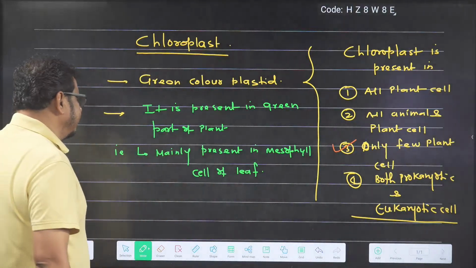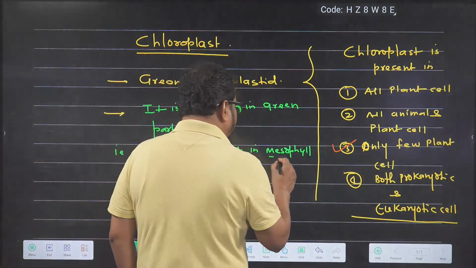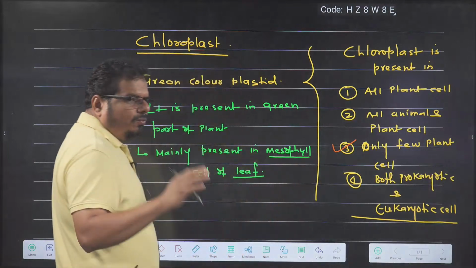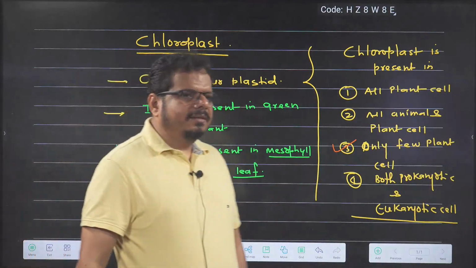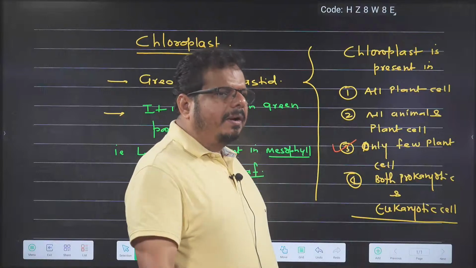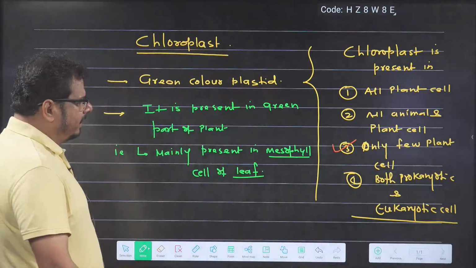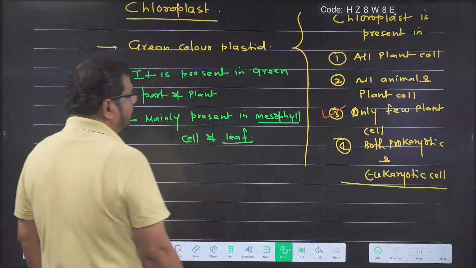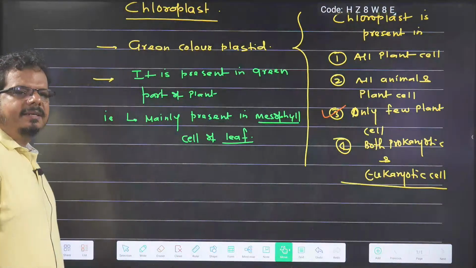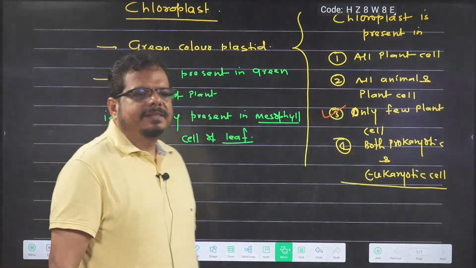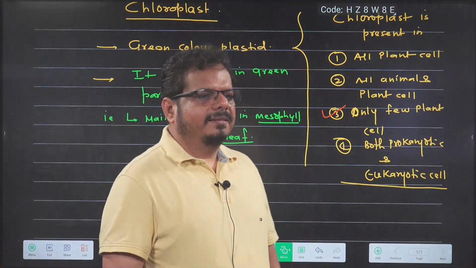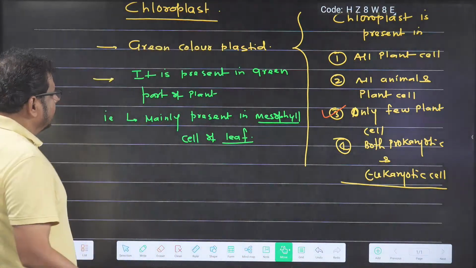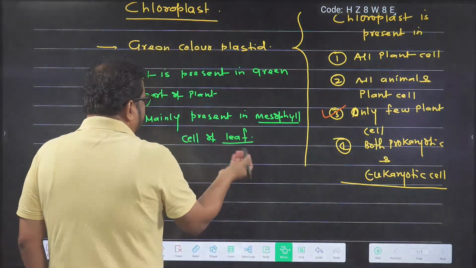Roots don't have chloroplast. All the non-green parts of the plant don't have chloroplast. Getting the idea? Where there are green parts, chloroplast is there. Is it clear in the mind? Yeah, leaves. So these are the mesophyll cells of the leaf.